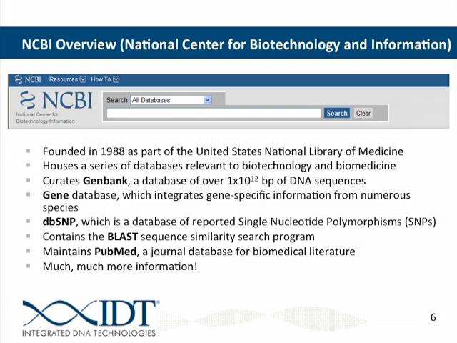The Gene Database, which then integrates that information and provides gene-specific information from numerous different species. Also dbSNP, which is a database of all of the reported single nucleotide polymorphisms, or SNPs. NCBI also contains the BLAST sequence similarity search program, and maintains PubMed, a journal database for biomedical literature, and much, much more. These are just some of the different databases that we're going to look at today.